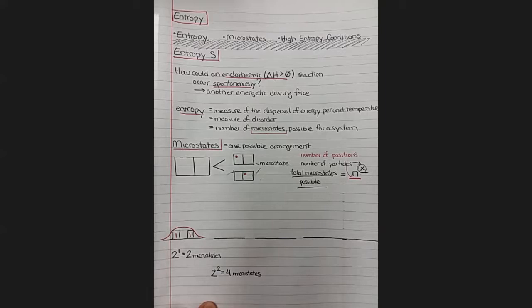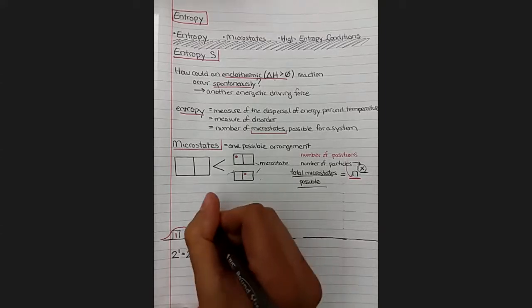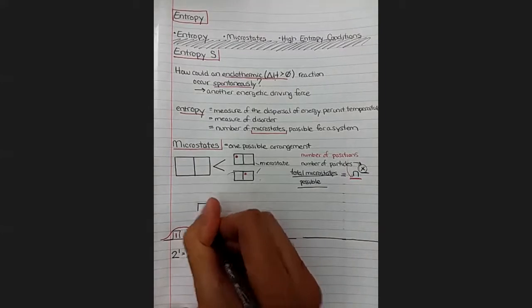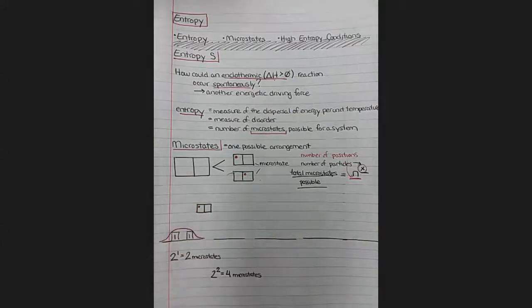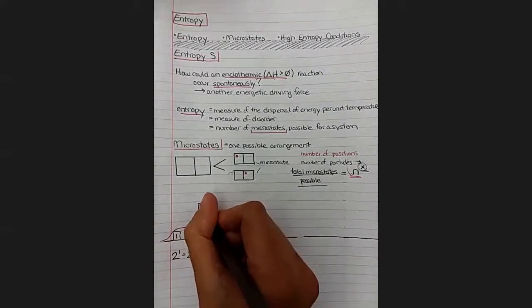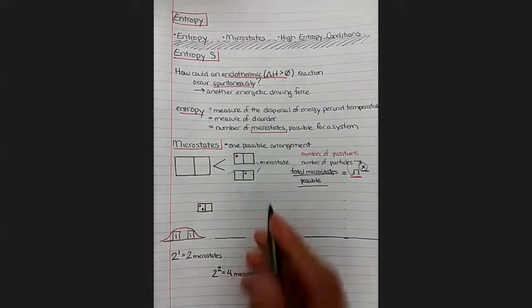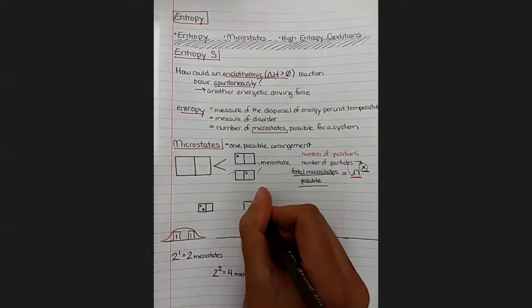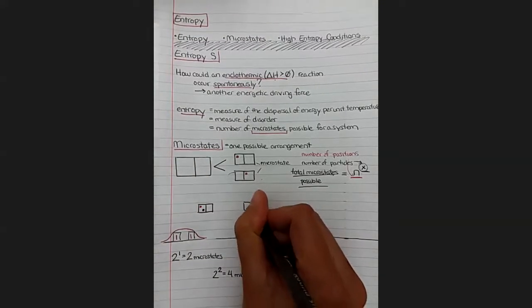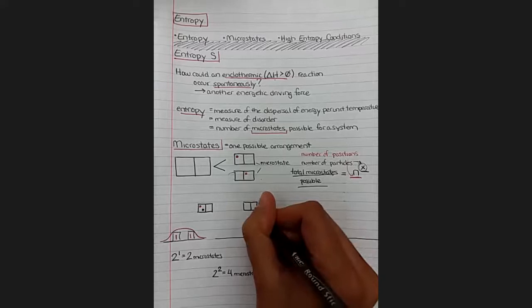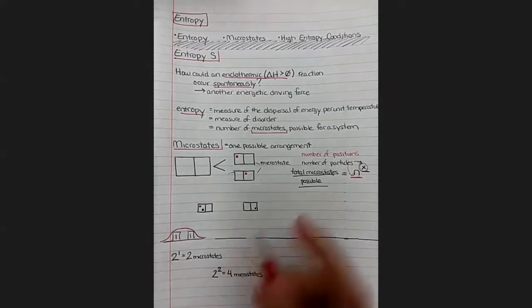So let's try and think about what those might look like. The first obvious one is that both of the particles would be on the left side of the box. And then we have the equivalent one, both particles on the right side of the box.